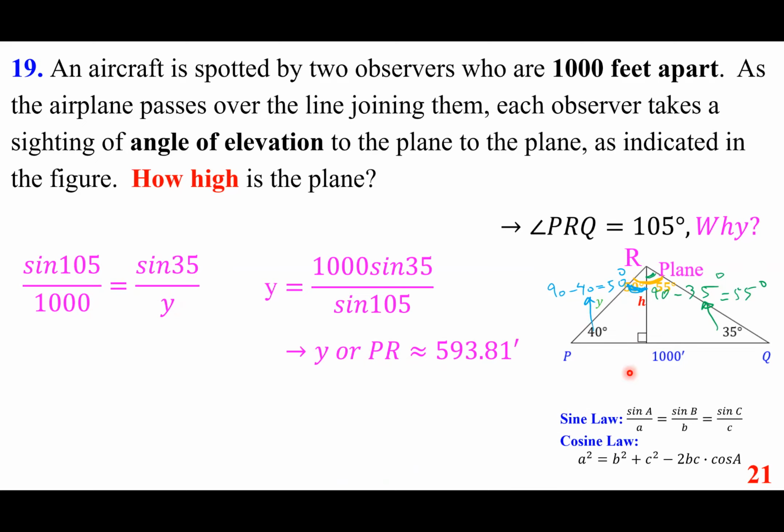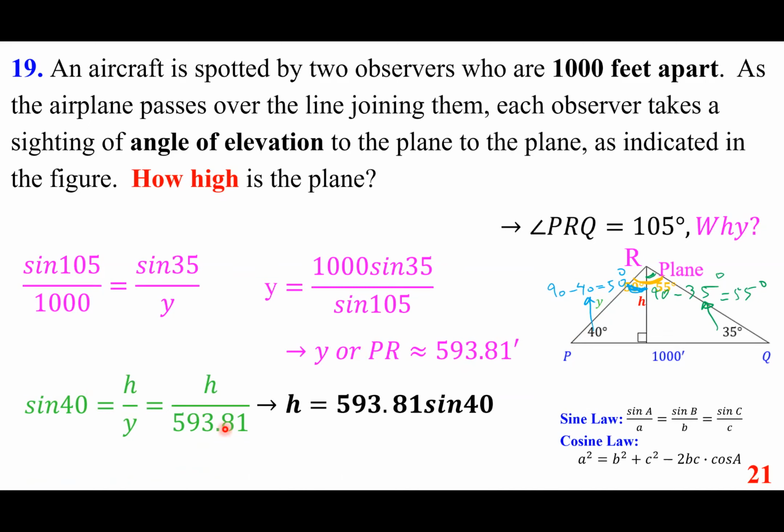And as you can see in this small triangle, the left side, sine of 40 is the opposite, which is h, over the hypotenuse, which is y. And we have the value of y. So h is the product of these two. Using a calculator, 381.69 feet. So the height is 381.69 feet.